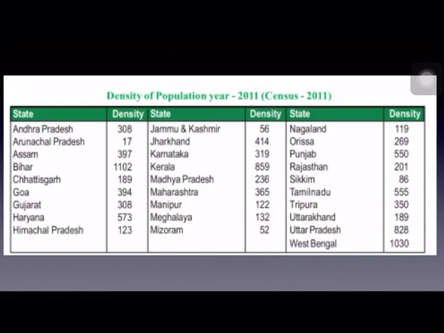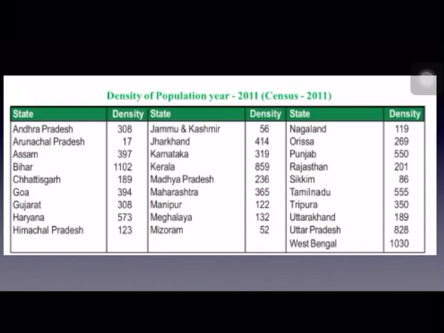And the next one is population density. What is population density? Number of people living per square kilometer area is called population density, and it is expressed as persons per square kilometer. How is it expressed? Persons per square kilometer.